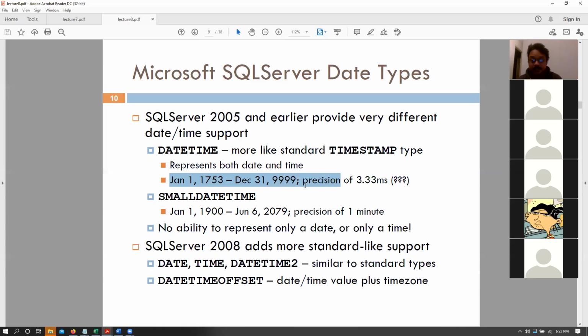Let's hope your databases would run till that time, but essentially it allowed these year ranges, and it also allowed a precision of 3 1/3 milliseconds. Don't ask me why, but that was supported by Microsoft SQL Server.